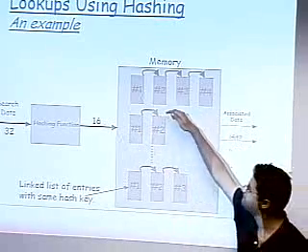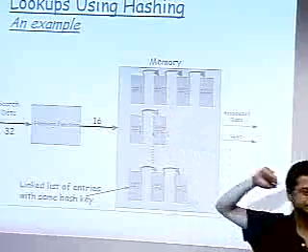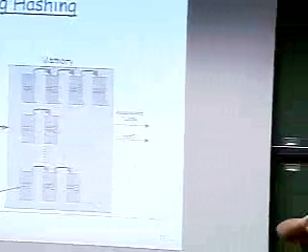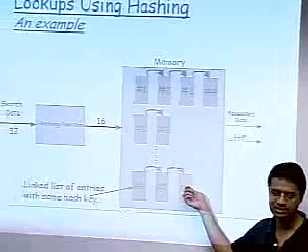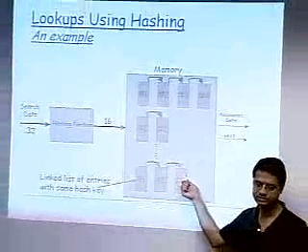So once you get the result from your hash function, then you have to linearly search through these entries to get your result.